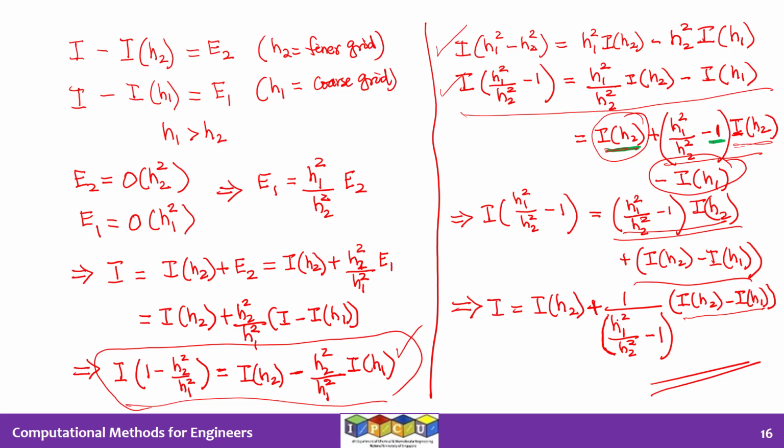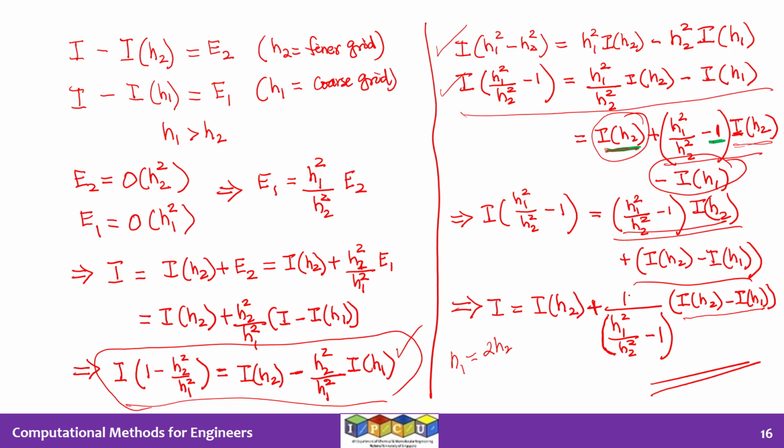Now H1 is typically taken to be twice that of H2. So in the first example, when we did Simpson's rule, we said H1 is 0.5 and H2 is 0.25. So a typical way in which we may solve a problem is where H1 is 2 times H2. Therefore, this ratio of H1 squared by H2 squared turns out to be 4.